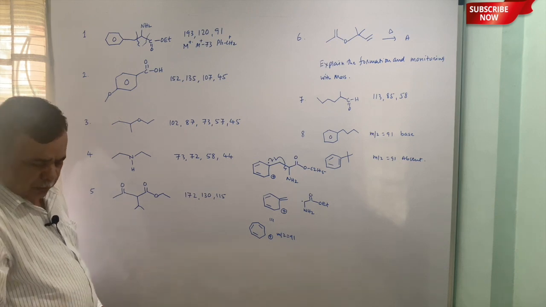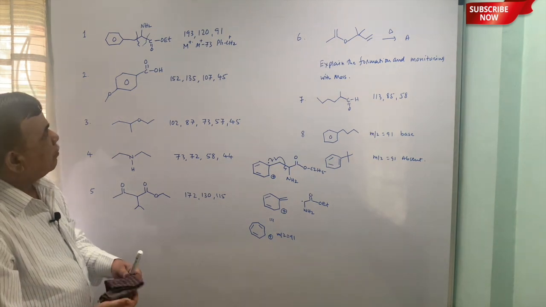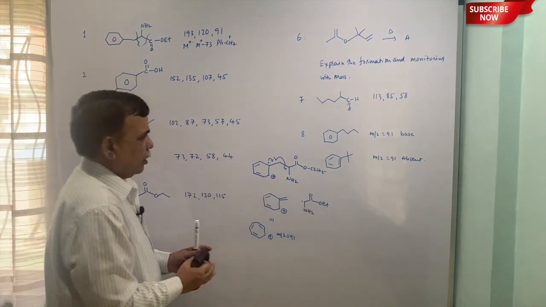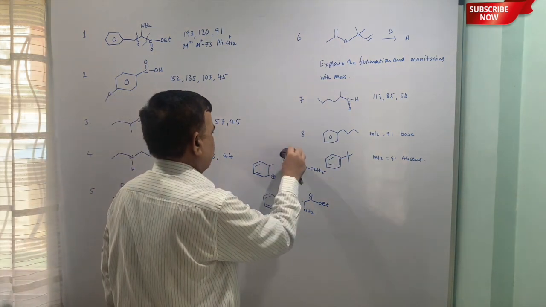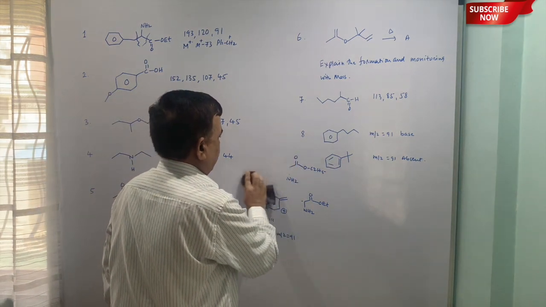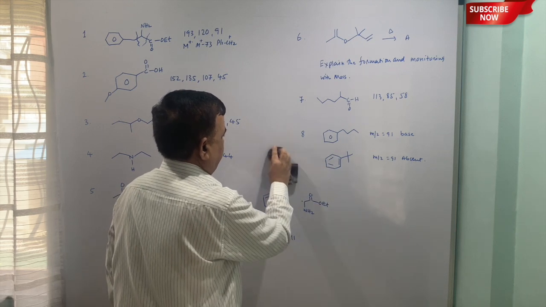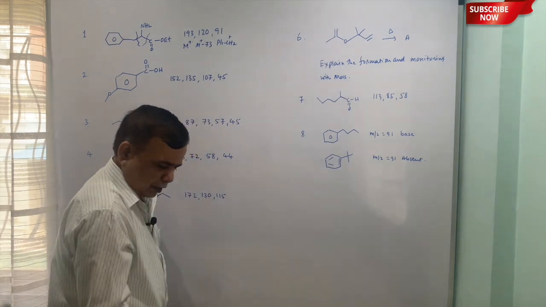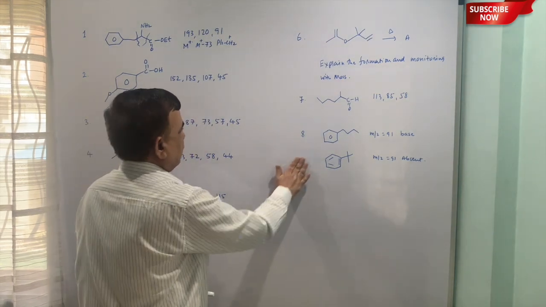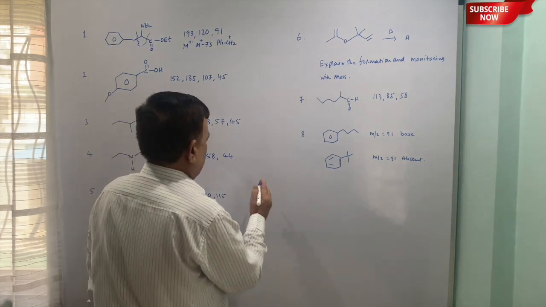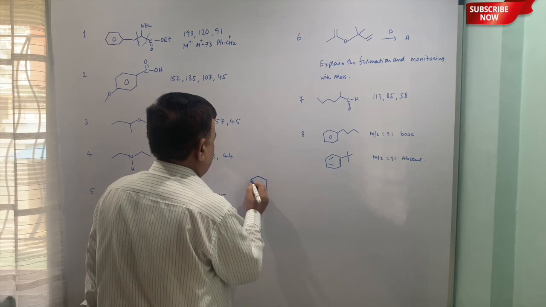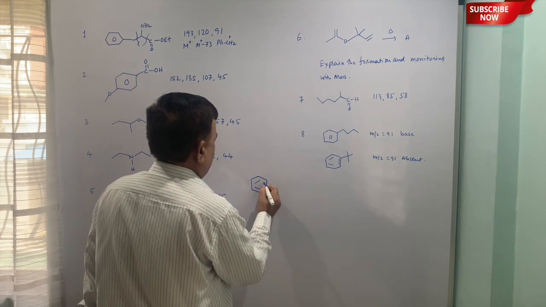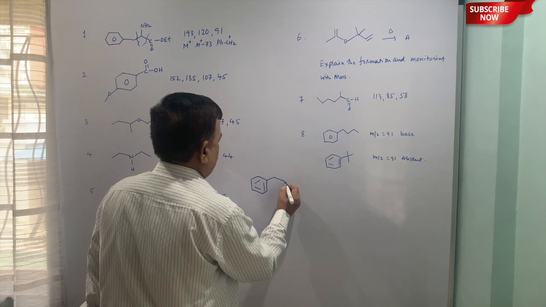The formation of 91. Now the second peak we have to explain. That 193 is straight away M plus ion, so no need to explain that. 120 needs an explanation.